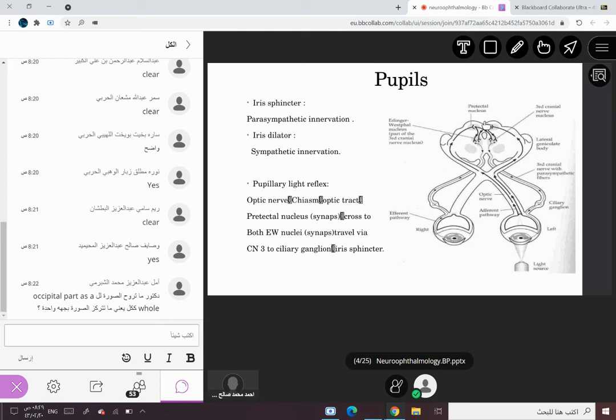The details of how to locate where the affected system is, either in the afferent or efferent, are very detailed, and it actually needs lectures to locate the pathology of the affected system, either in the afferent or in the efferent. Okay.